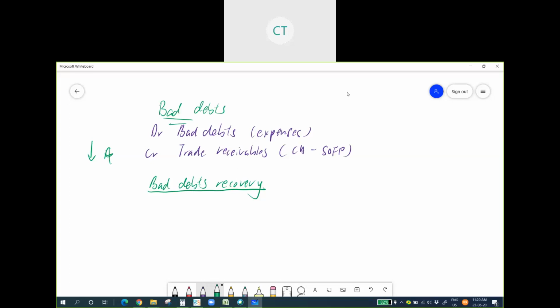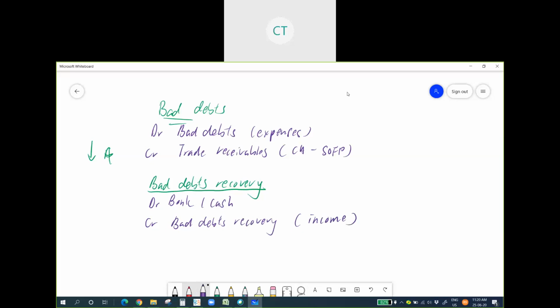So for the double entry, we have to debit our bank or cash account and credit bad debts recovery. And what is the nature of bad debts recovery? The nature of bad debts recovery is our income. So we have to show it in the income statement.